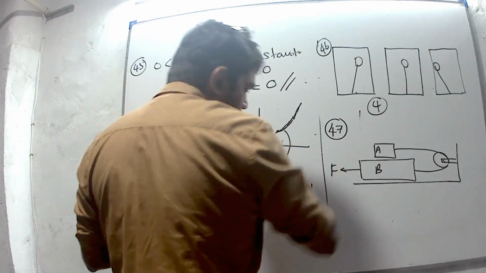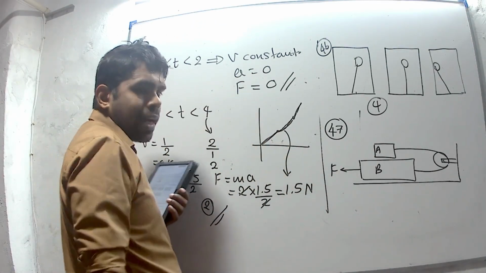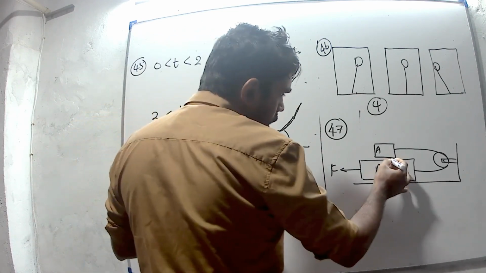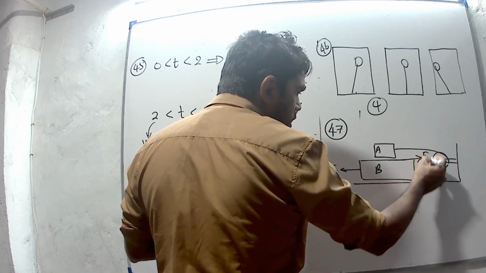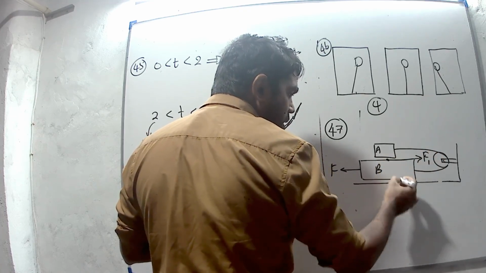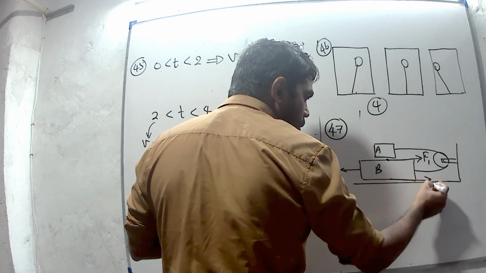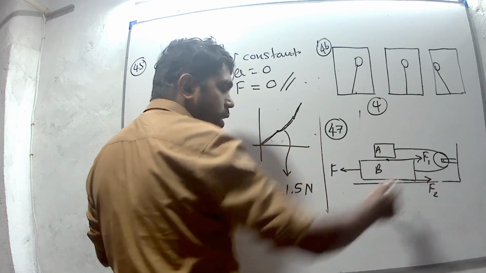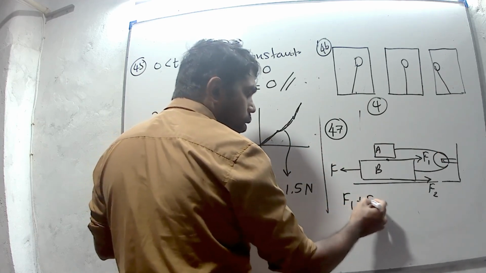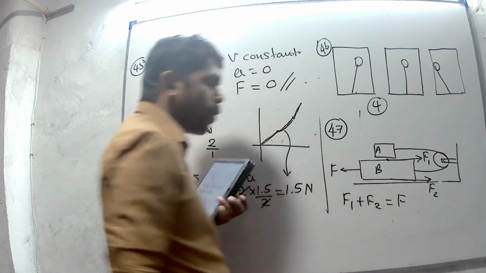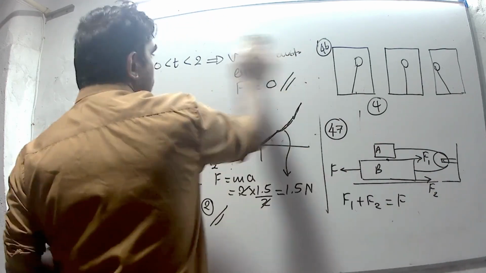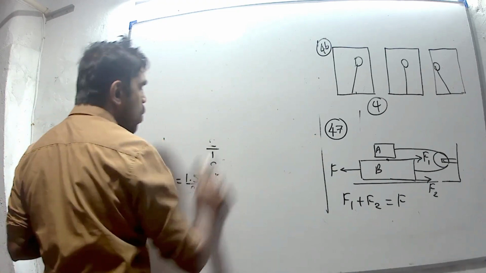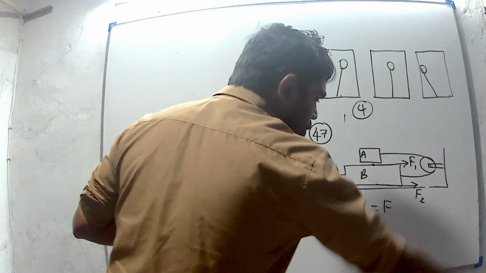With a constant speed, it means there is no external unbalanced force. Therefore, the sum of the frictional forces at this surface and this surface, F1 plus F2, should be equal to the given force F. We can get the F1 force by using mu R. Mu is 0.25.